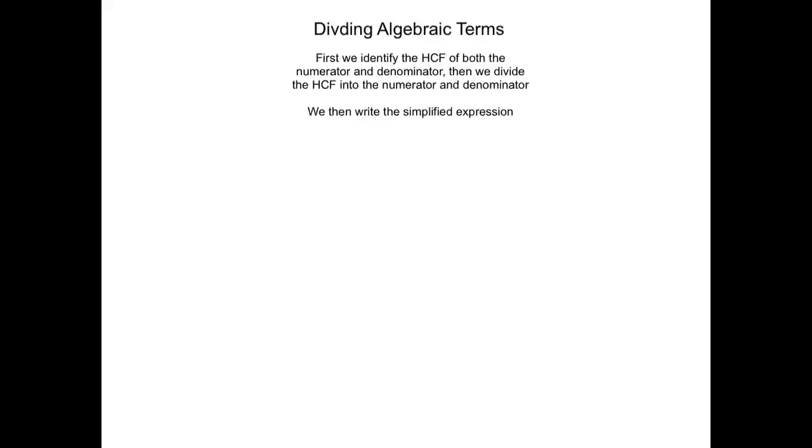For our first example, we have 21a divided by 7ad. In this case, the highest common factor is 7a, as it divides evenly into both. Cross the 7 out and write a 1 next to it because 7 divides by 7 once.